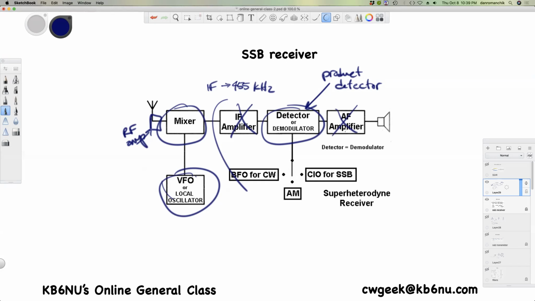And I have a question. Sure. So you've got the RF coming in from the antenna, and that's some frequency, right? Yeah. So you're trying to get the modulated frequency or amplitude, whichever kind of circuit this is, and you're impressing it onto whatever's coming out of this VFO. So from that point forward, you're dealing with this 455 kilohertz.